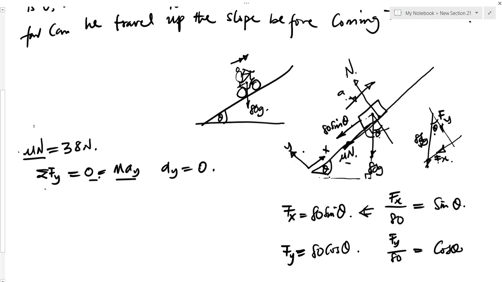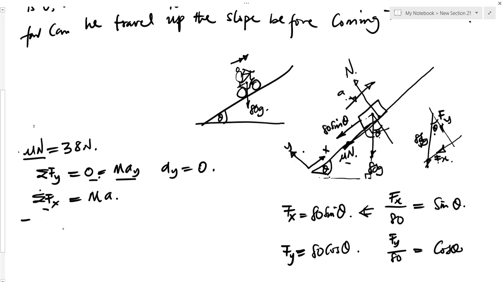Although this equation is not needed in this problem, what is needed is the summation of the forces along the x-axis, which is equal to the mass of the object times the acceleration. We're looking for the acceleration of this object, so let's sum the forces.